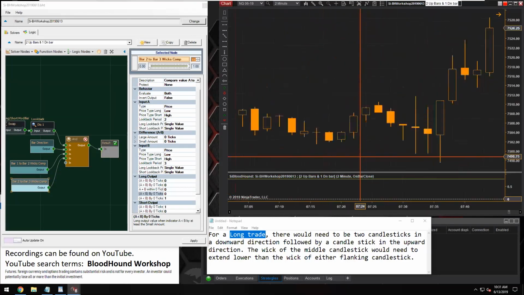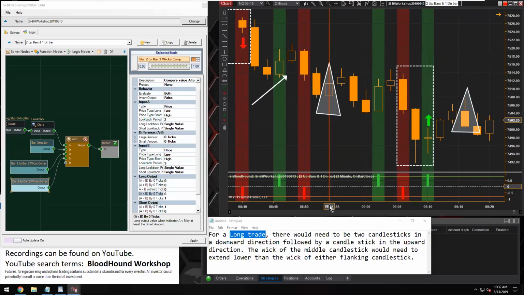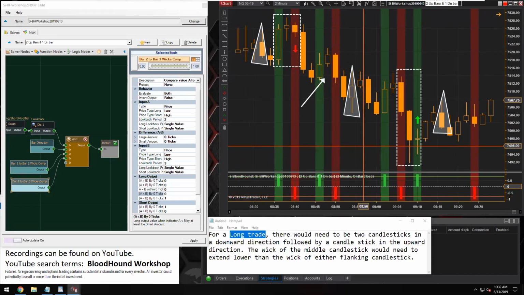All right, so let's scroll forward and take a look at everything. That does it. And there was another component here. Let me get back to the email here. So basically, that's the candlestick pattern.